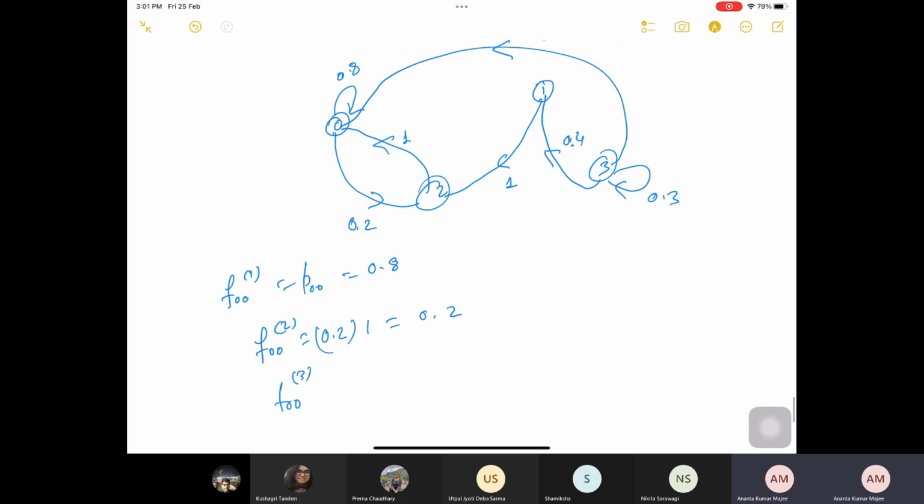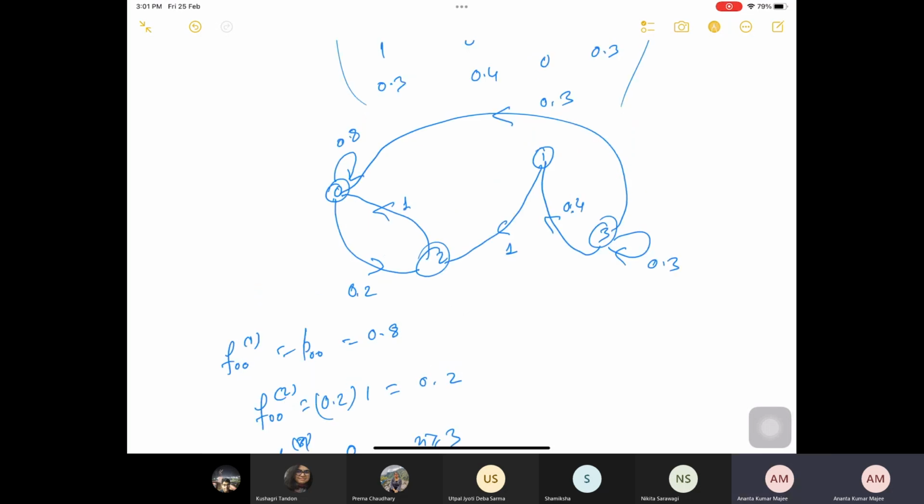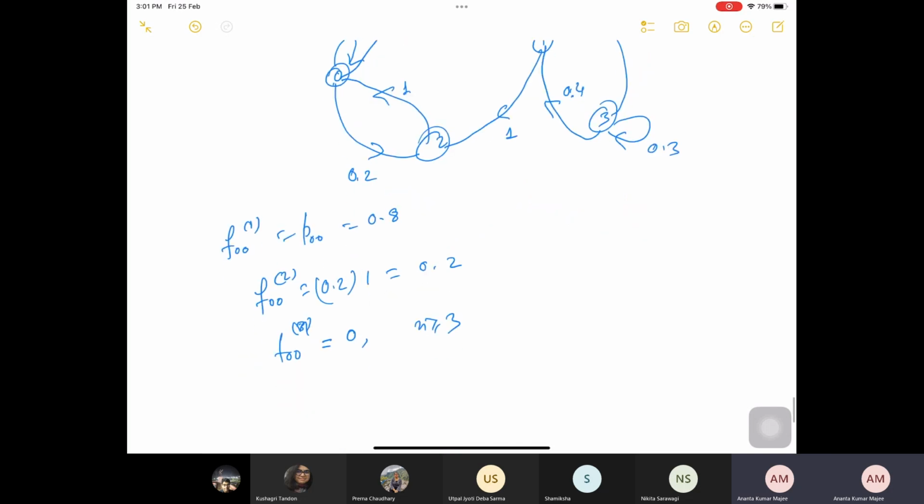What is f_00^(n)? It is 0 for n greater than or equal to 3, because starting with 0 it will go to 2 and then cannot go to any other state before coming back. So a minimum of 3 steps I can't have. That's why f_00^(n) is equal to 0 for all n greater than or equal to 3. This denotes only step 1 and step 2: starting with state 0, it again reaches state 0, and so on.